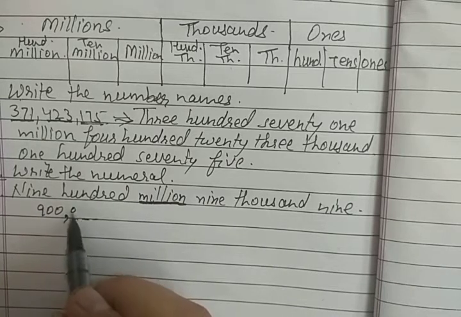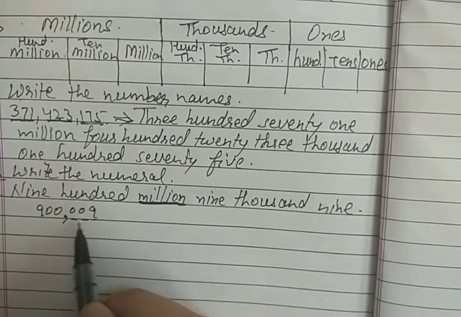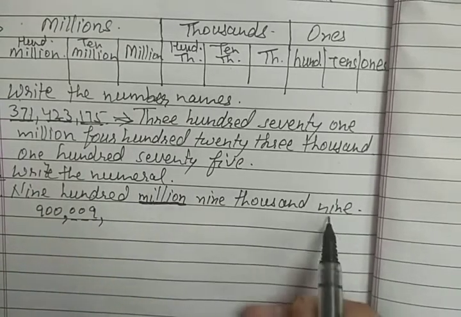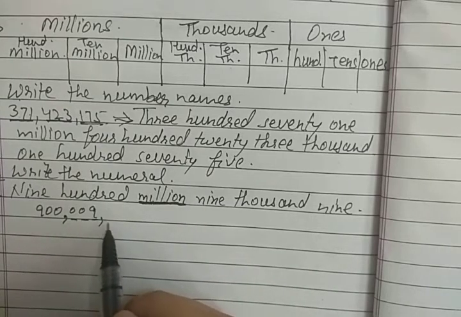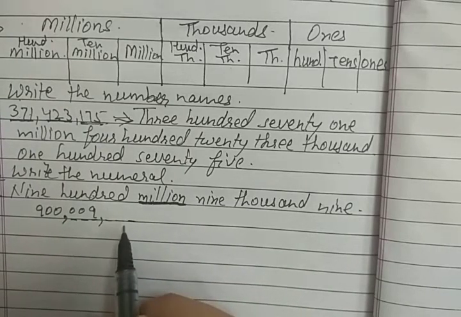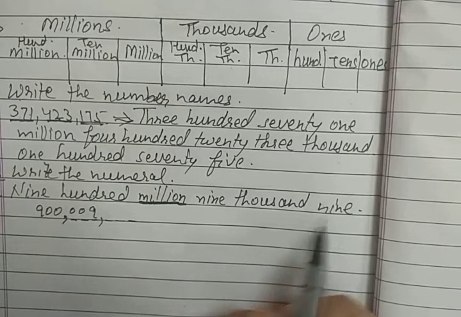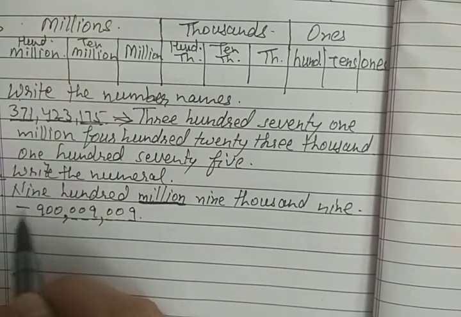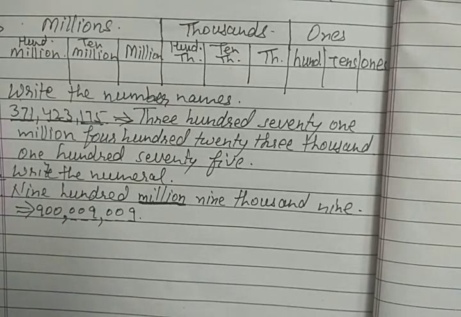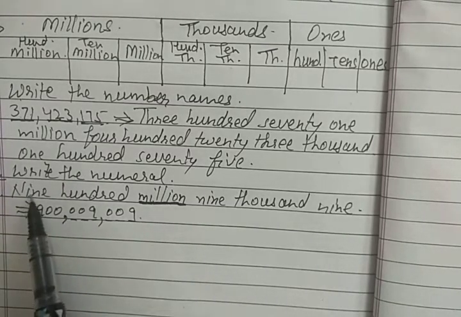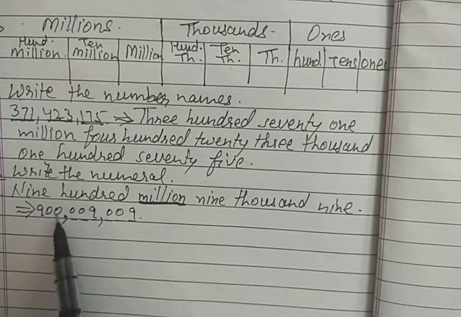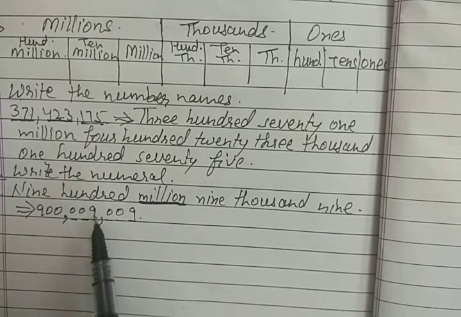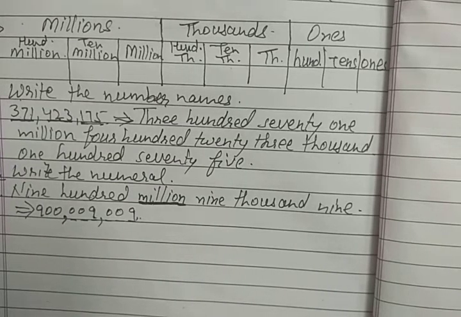We will write it like 009. This is 9 thousand and then 9. Now next again we have 3 digits left, and again we have to write this 9 in 3 digits. So again we will write like this. So this is the numeral for the given 900 million 9 thousand 9, according to the international place value chart.